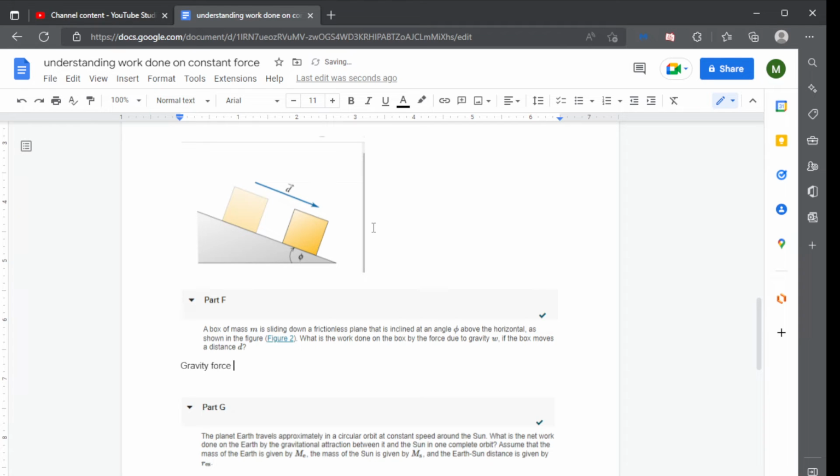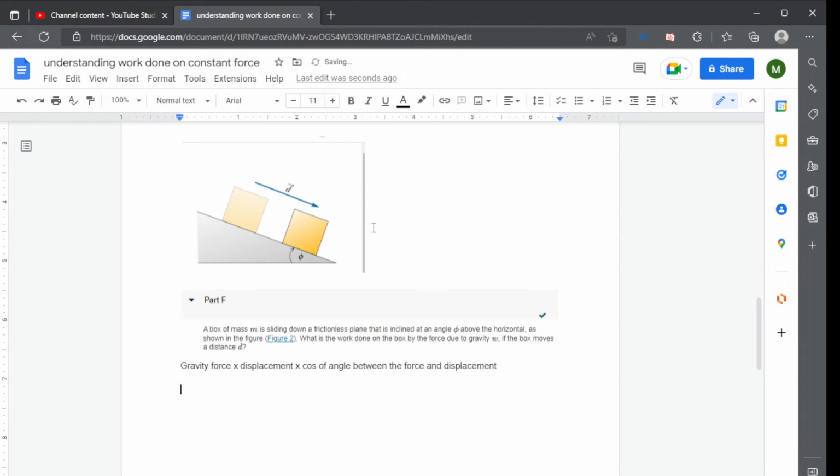Gravity force times the displacement of the figure times the cosine of the angle between the force and the displacement, which will give us the weight of it.